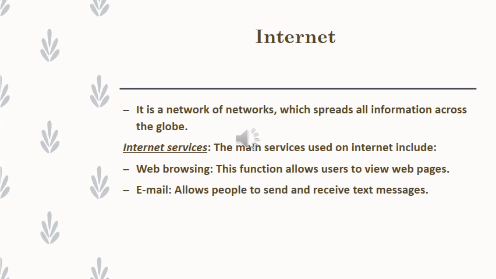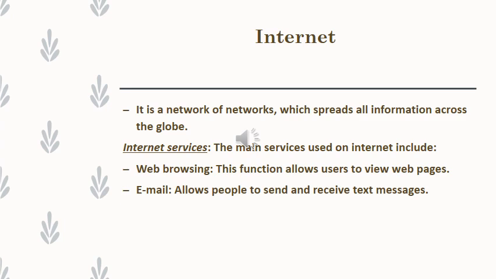What is the internet? The internet is a network of networks which spreads all information across the globe. Mobile phones, our computers, laptops, our telephone system are all connected to the internet across the globe.